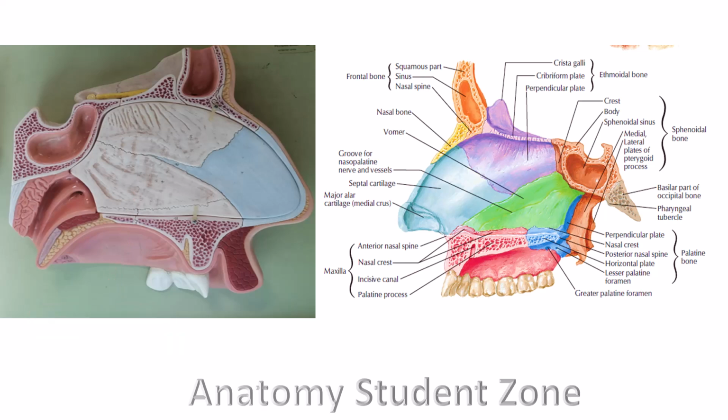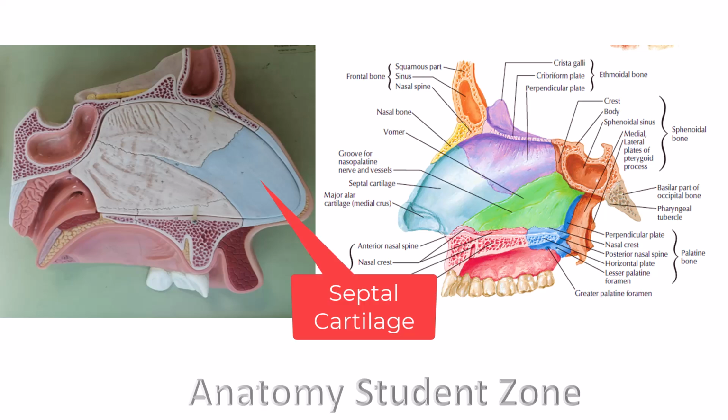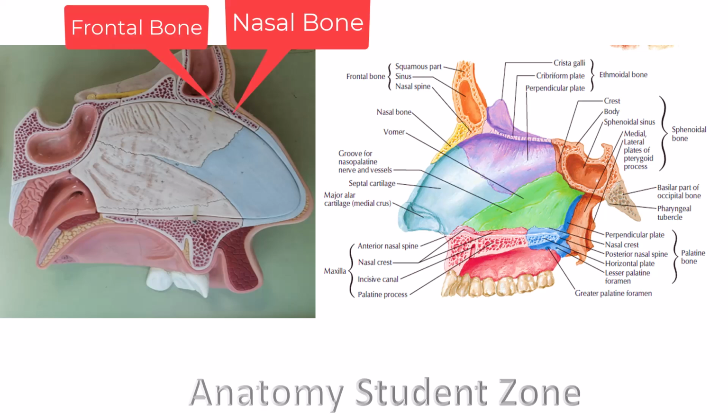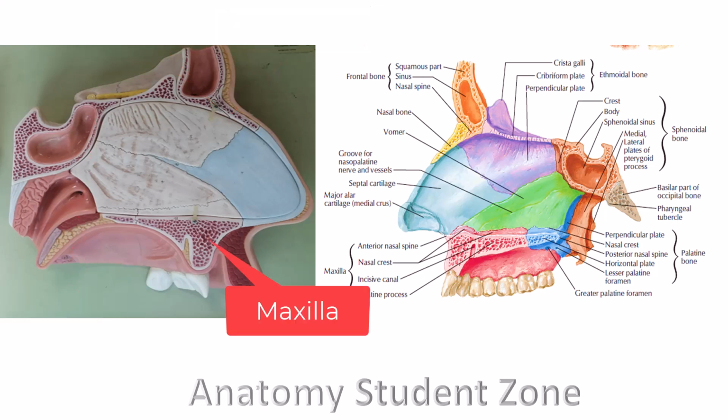You can also observe on this model that anteriorly between the two bones, the septum is filled by a cartilage, and this cartilage is the septal cartilage. Besides the two major bones, we can also observe minor bones which contribute to the nasal septum, and you can see these are the nasal bone, frontal, sphenoid, maxilla, and palatine bone.